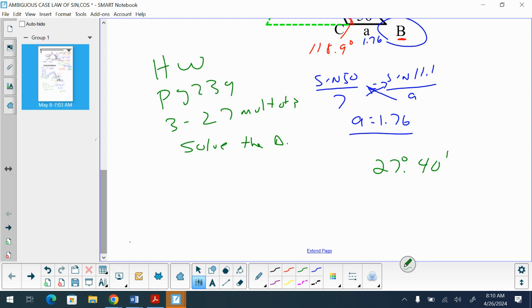If you're given things in minutes for the measure, you remember how to change that into a decimal? Divide by 60. So in your calculator, you can go 27 plus 40 divided by 60.